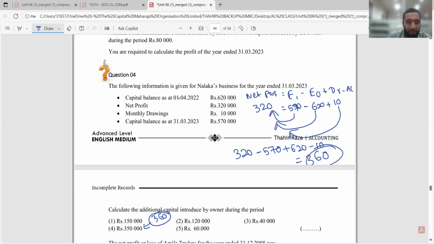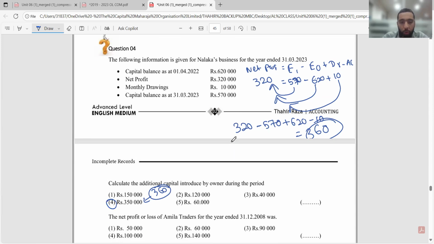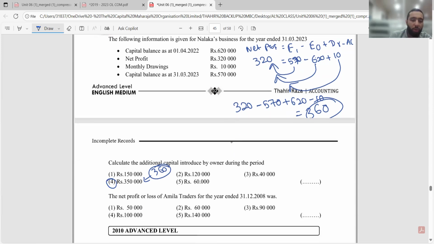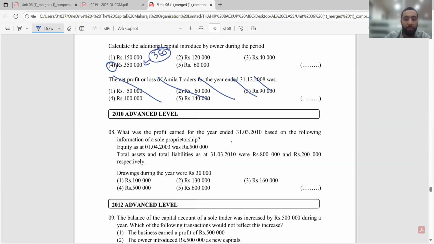This should be 360. So let's correct this to 360 and then move forward. And this question, remove this question because it is not relevant. There is a printing error in this question, so let's quickly move on to the next question.